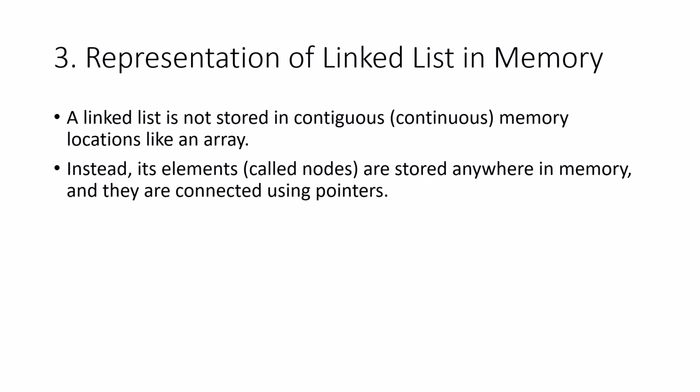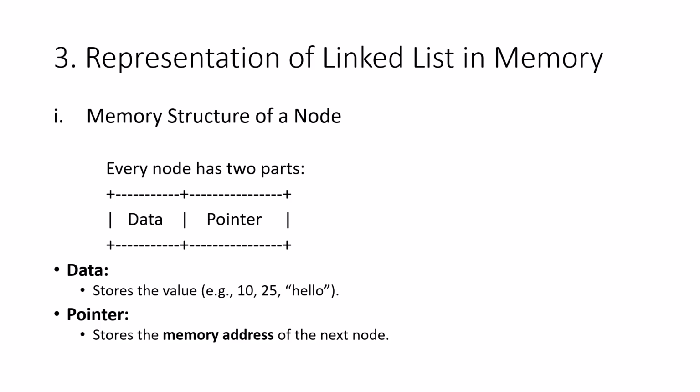What keeps them connected is a pointer inside each node. This pointer stores the address of the next node, allowing the list to form a logical chain even though the nodes are stored in random memory locations.